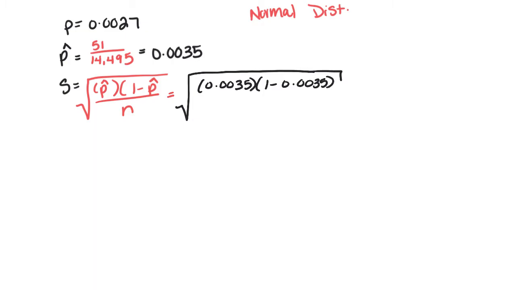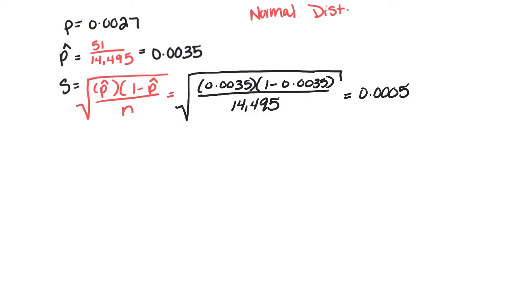I just leave it as that 1 minus p hat because when I put it into the TI-84 calculator or a calculator app, it does allow me to build it in just like that. So that's how I'm going to use it. All divided by my sample size, which is 14,495. And that will give me a standard deviation of 0.0005.